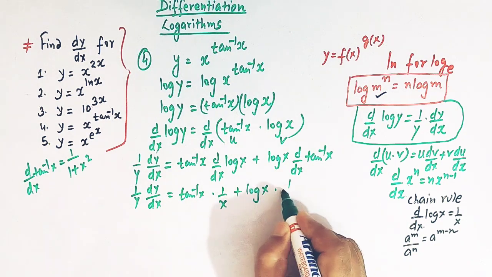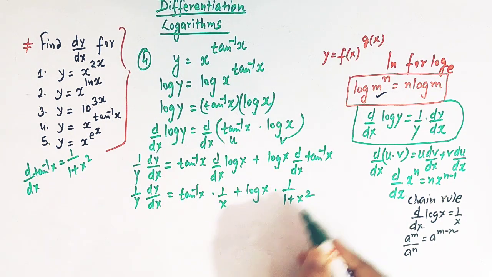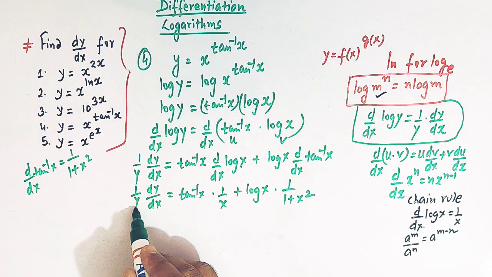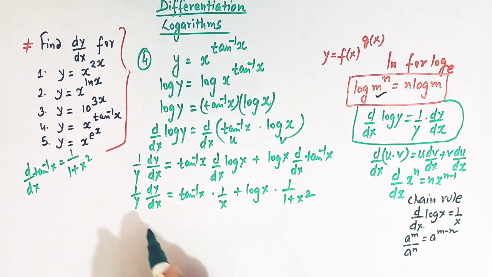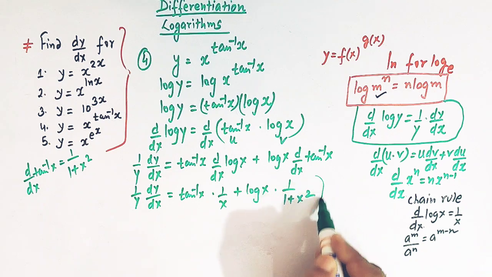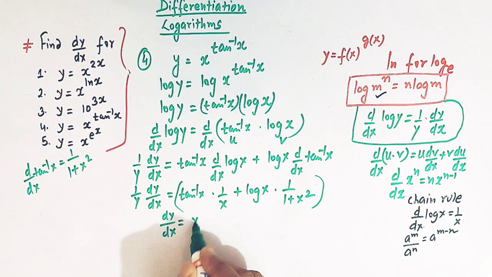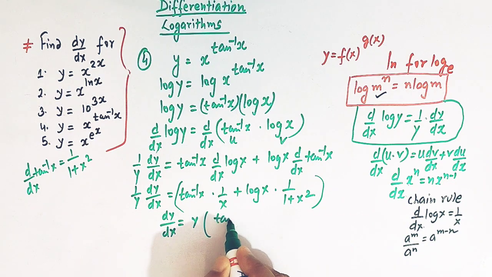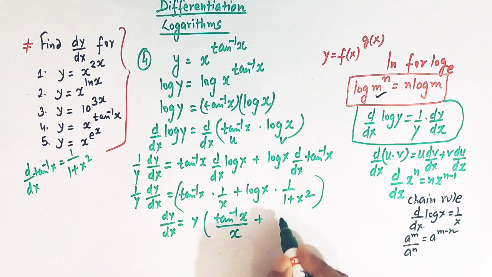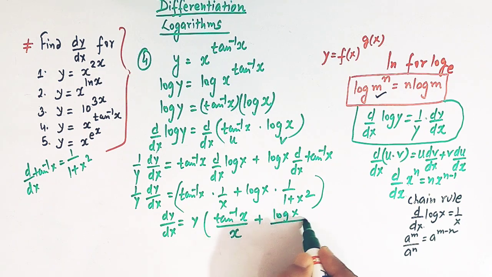Now taking this y to this side, that is multiplying this whole quantity by y, we have dy over dx is equal to y times tan inverse x divided by x plus log x divided by 1 plus x square.